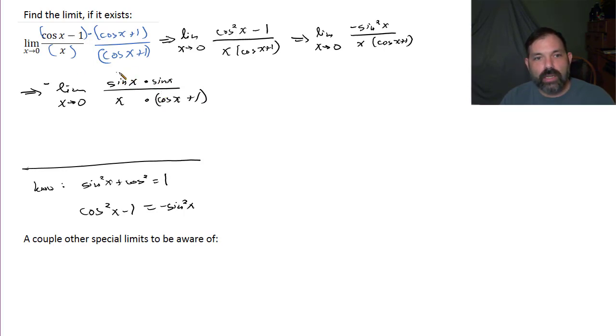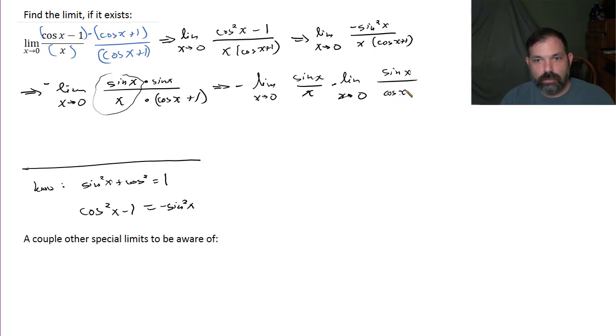Because I know how to deal with the sine x over x as x approaches 0. We just solved that in the previous exercise. And then we'll see what happens in the other term. So then this becomes negative limit x approaching 0 sine x over x times limit x approaching 0 sine x over cosine x plus 1.